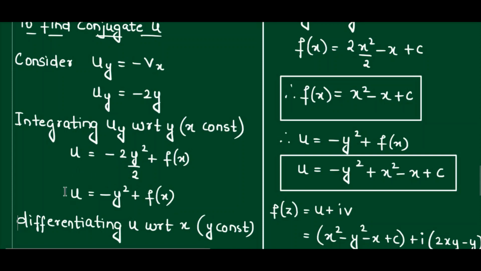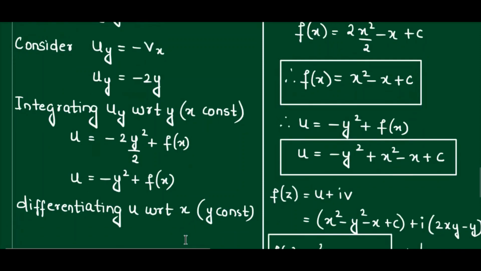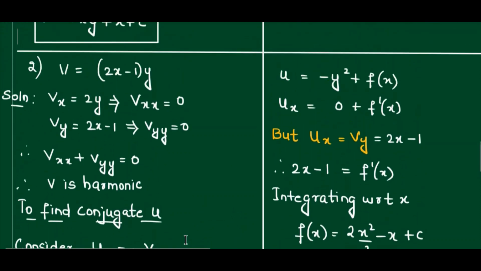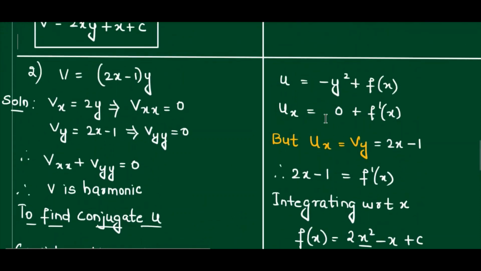But in this u, f of x is unknown. We had to find out this unknown. So we have not yet used the first CR equation. Therefore we are differentiating this equation with respect to x, treating y as constant. So when you differentiate, you get ux equal to, y is constant, so 0 plus f dash of x.